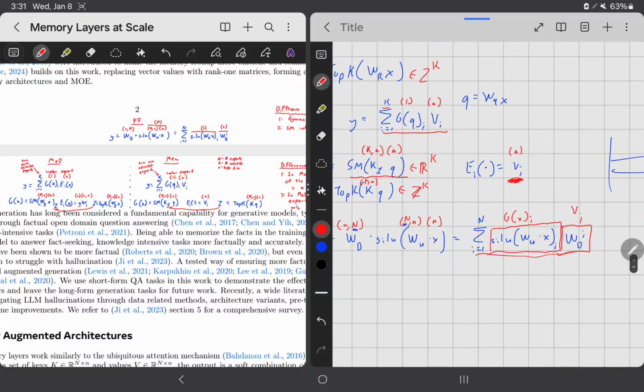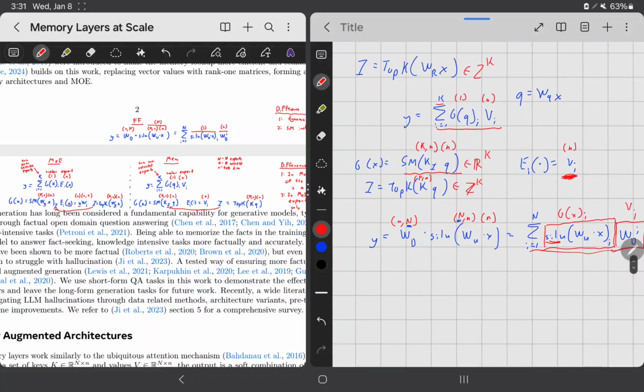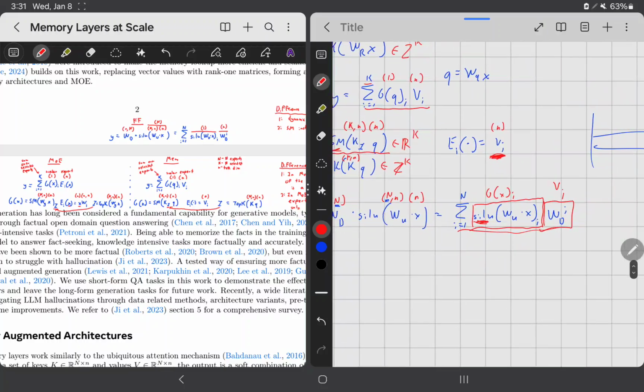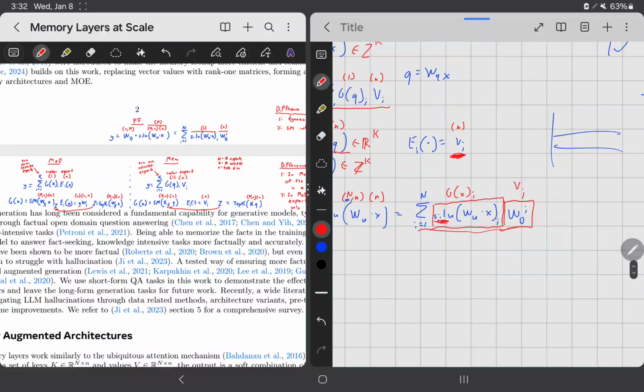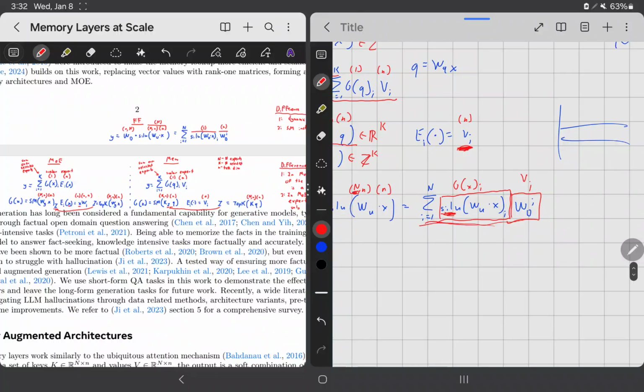So it's very, very similar to an MLP, except you are using the softmax activation instead of the SILU activation. Additionally, the second difference is instead of using all N weights here, you are subsetting that and taking k of those weights. So instead of this being a dense matrix multiplication, you take k of these weights and then you do a dense matrix multiplication.